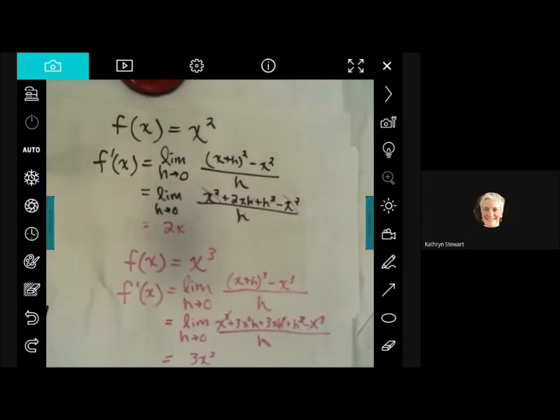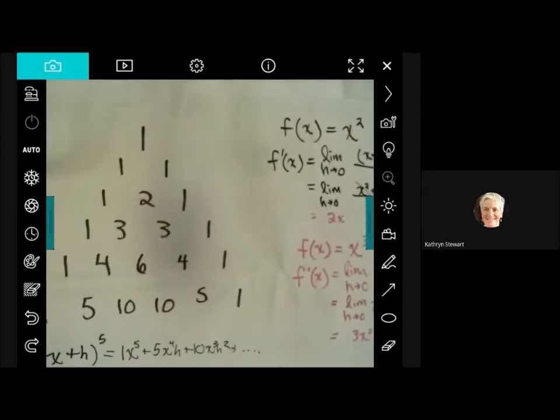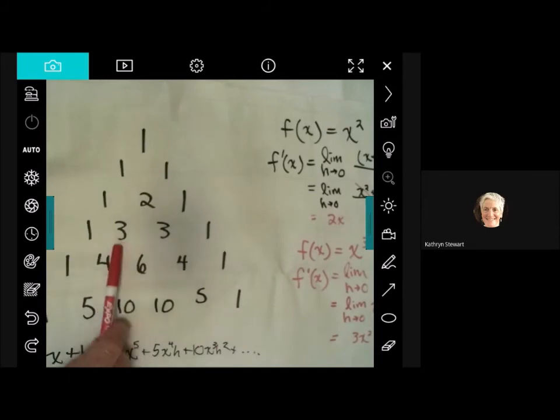So do you see now where the power rule shortcut works? We know from Pascal's triangle that this term is always the exponent, right?